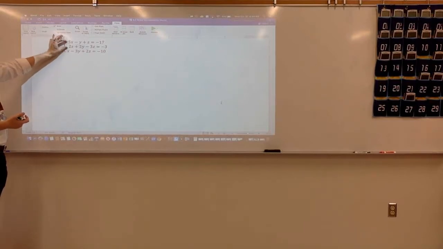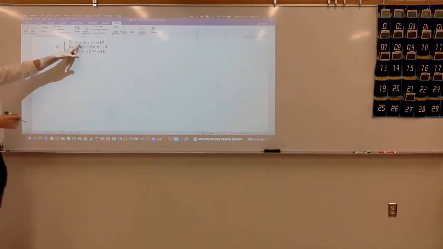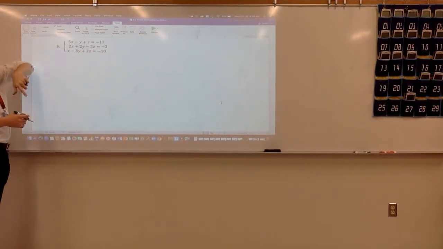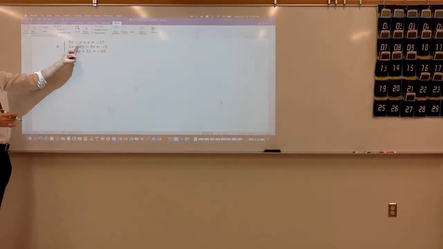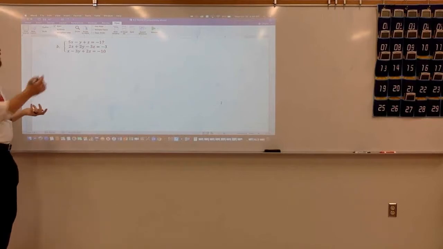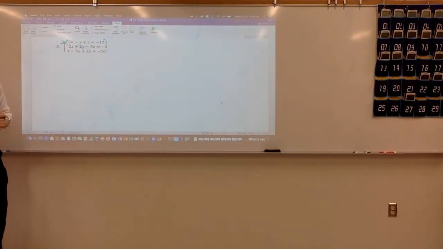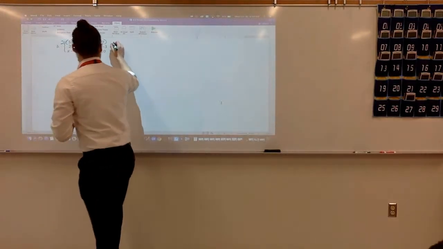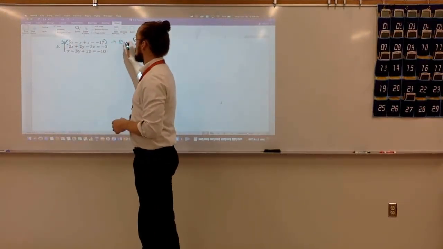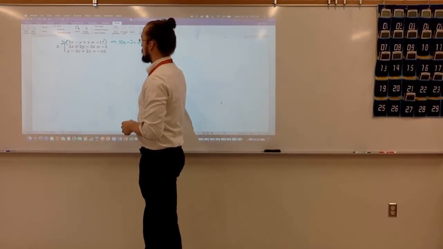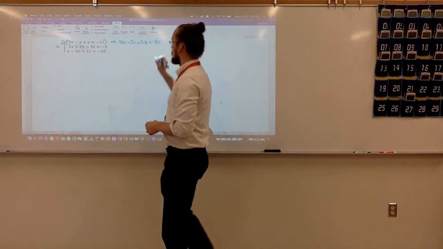Let's say I'll look at the first 2 equations and I will eliminate y. Well, if I want to eliminate y, it would probably make sense to multiply this first equation by 2. Then I'll have negative 2y and positive 2y. So I'm just going to take this entire first equation and multiply it by 2. So that will get me 10x minus 2y plus 2z equals negative 34.